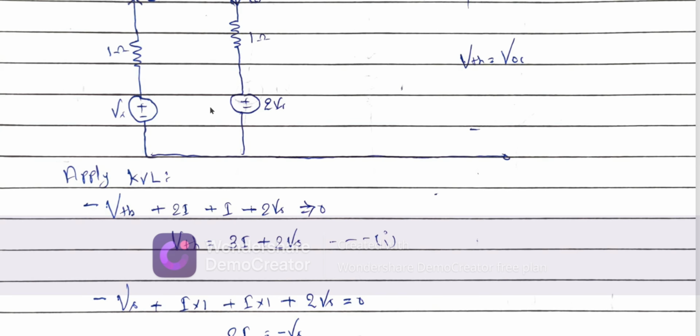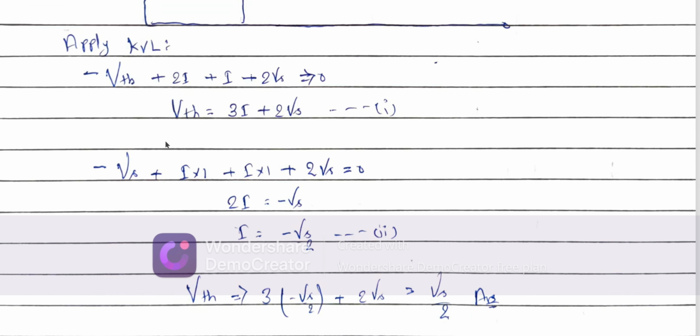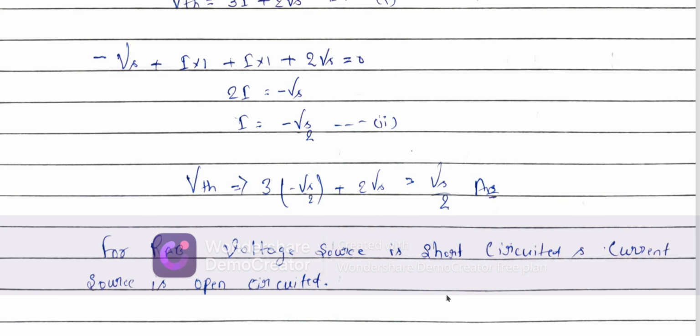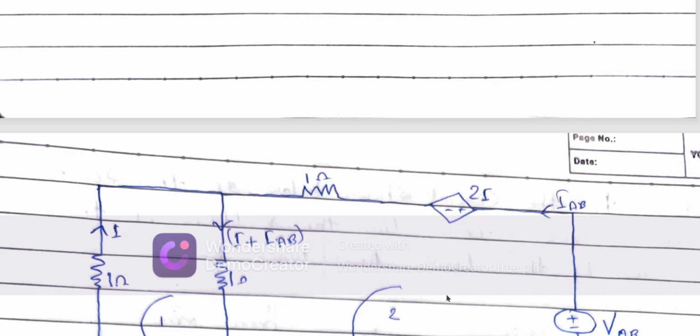Now apply KVL in this other loop: minus Vs plus I into 1 plus I into 1 plus 2Vs. Simply applying this KVL, we find I is equal to minus Vs by 2. Putting this into the first equation, we get 3 into minus Vs by 2 plus 2Vs, so VTH is equal to Vs by 2, which is the answer to my question.